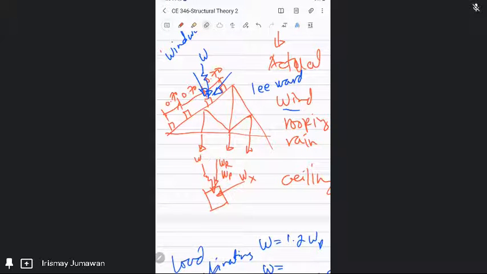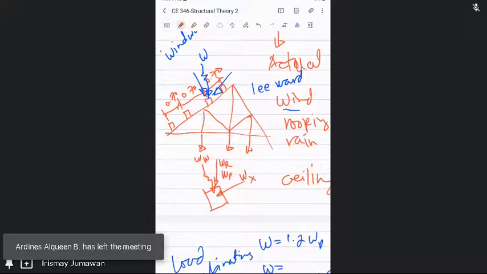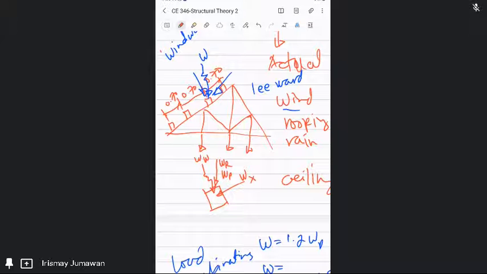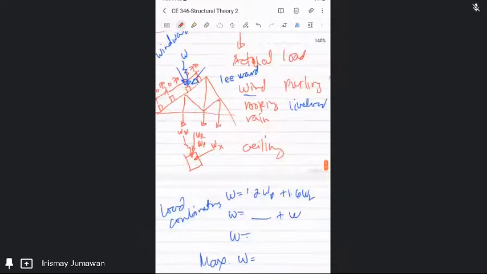WY is your wind load. In steel, what are the forces normal to your truss? After the beam, in steel you have the truss, and I hope you know what the loads are. You have the ceiling load, the purlins, the roofing, and the rain load. Those are the loads.